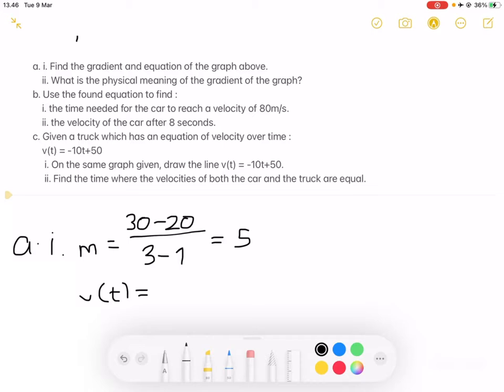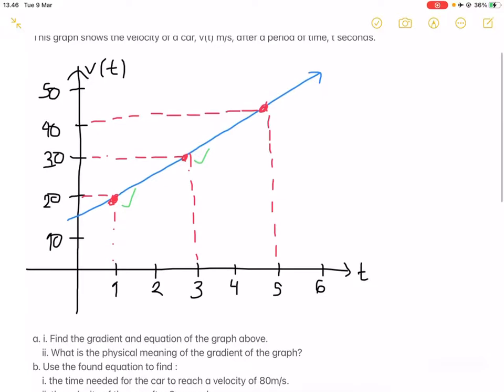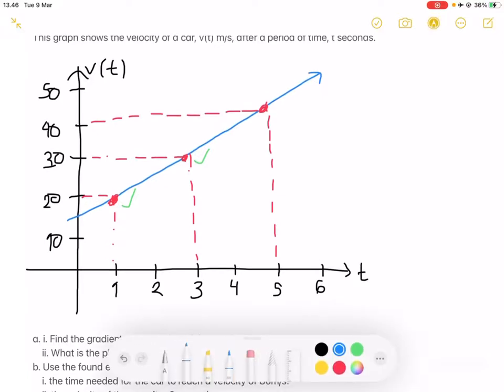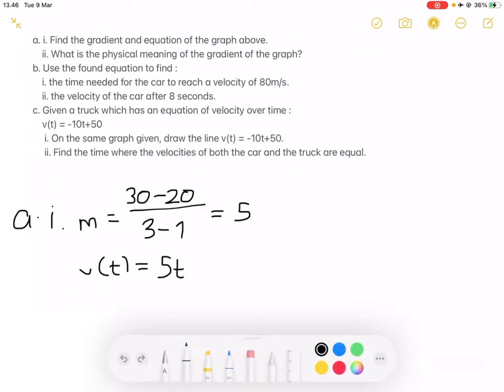So we can still use the formula for this. The gradient will be the coefficient of t, and the constant term will be the y-intercept, which is 15. Notice that this is halfway between 10 and 20. So the equation will be 5t plus 15.